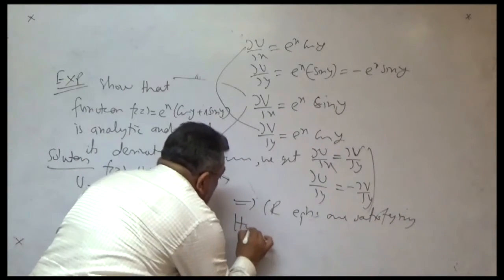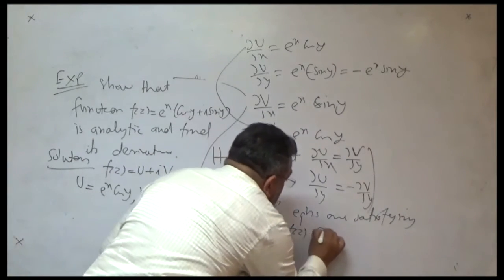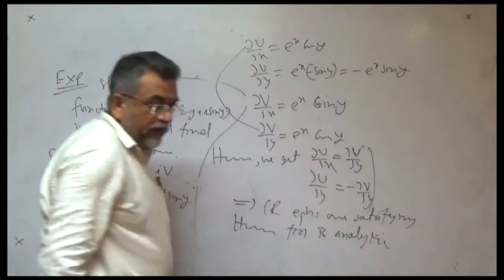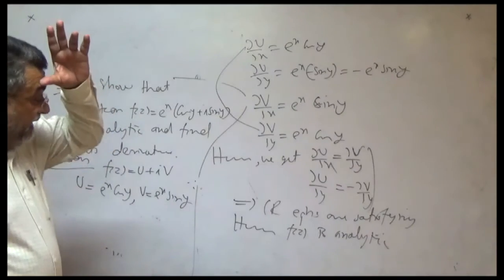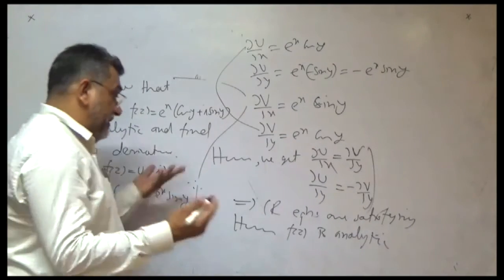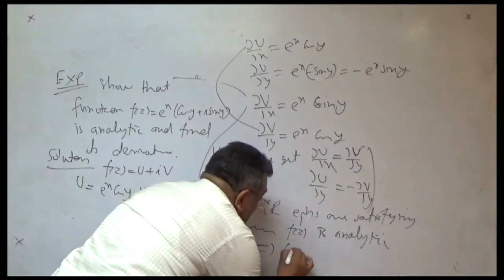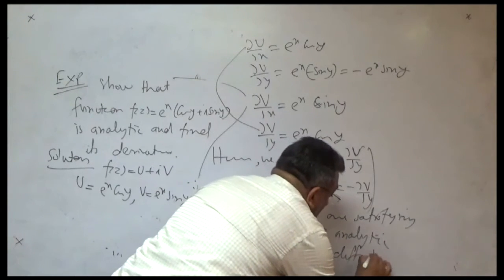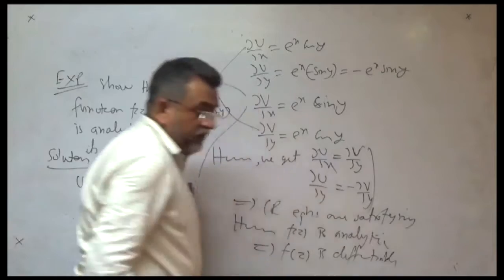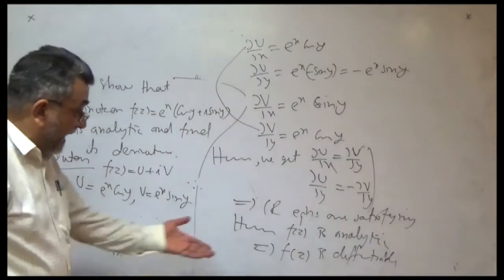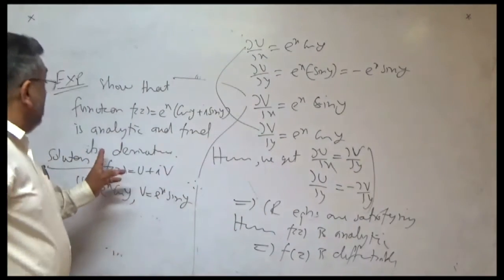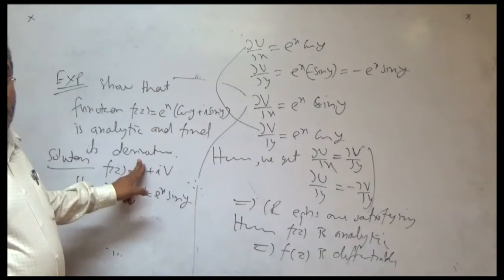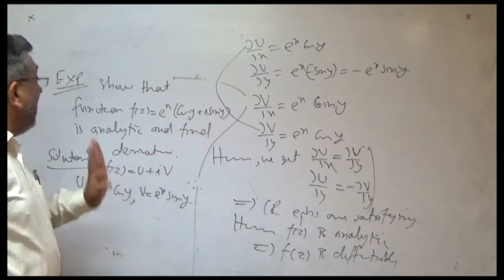Hence, f(z) is analytic. Right? f(z) is analytic. If f(z) is analytic, then you can say that f(z) is differentiable. By this property, you can find the value of second part of the question, that is, find its derivative.